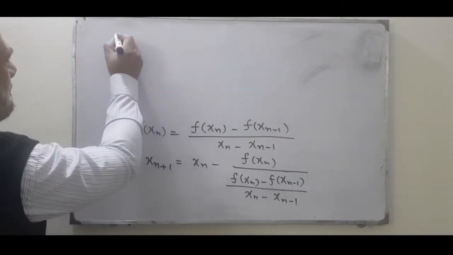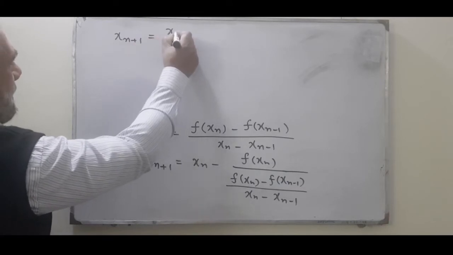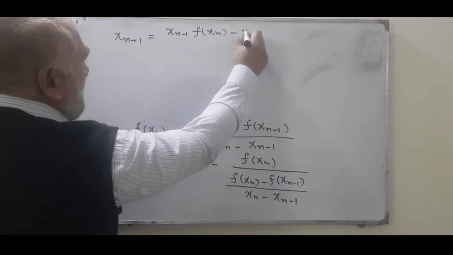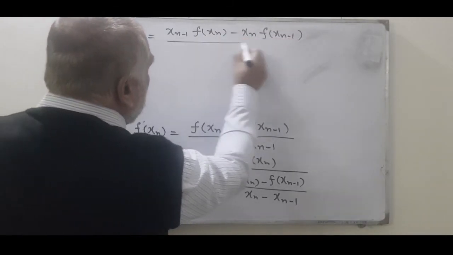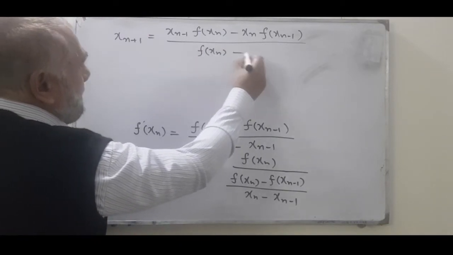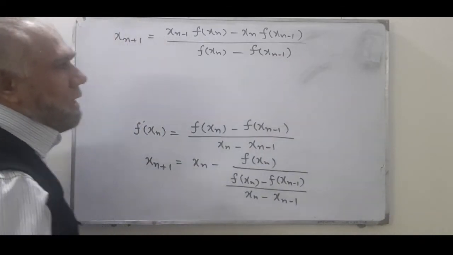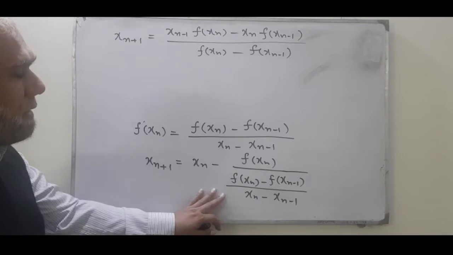The simplified form of this result looks like this: x(n+1) = (xn-1 f(xn) - xn f(xn-1)) divided by (f(xn) - f(xn-1)). This is the ultimate result we get after simplification.